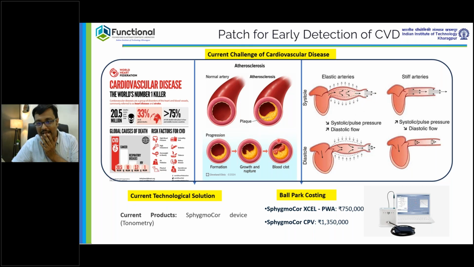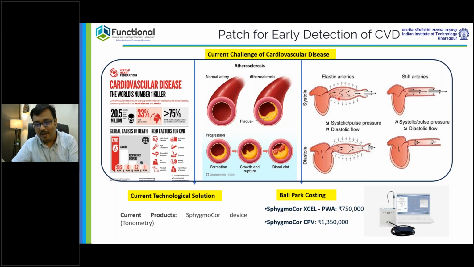So when the blood is flowing through this, it is going to generate a lot of pressure in the system, and due to loss of this elasticity, the arteries are also going to show a lot of stiffening behavior.